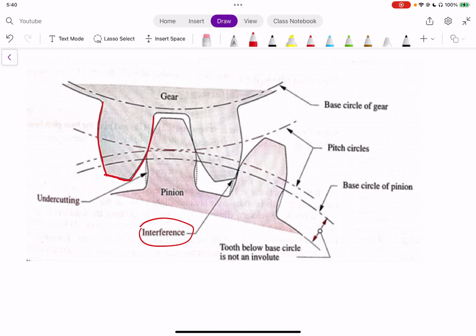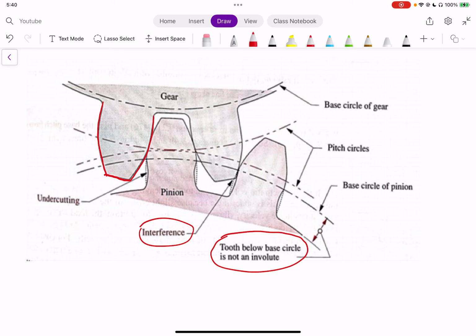Now, one way to solve this problem is to modify the tooth profile under the base circle of the pinion, so that under this base circle we actually make it not an involute profile.